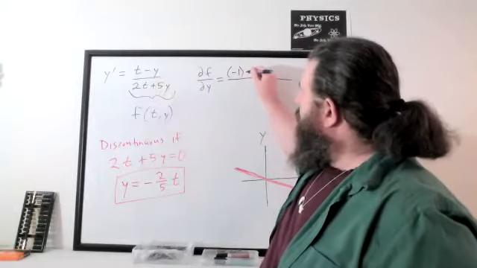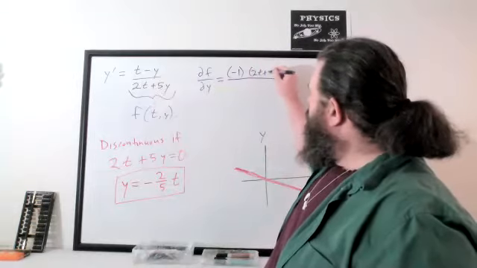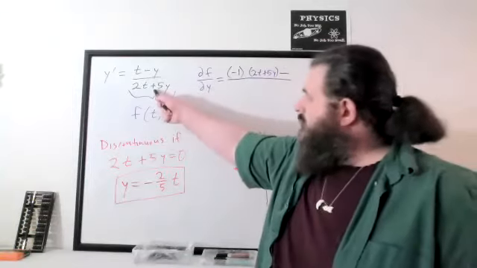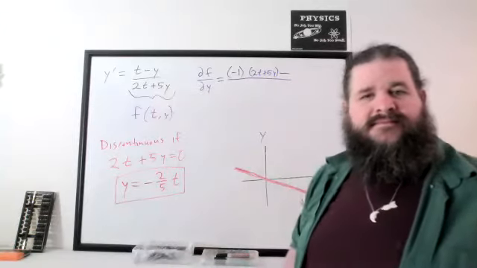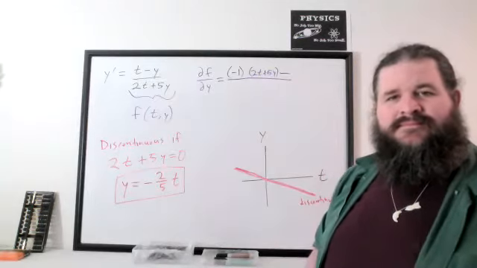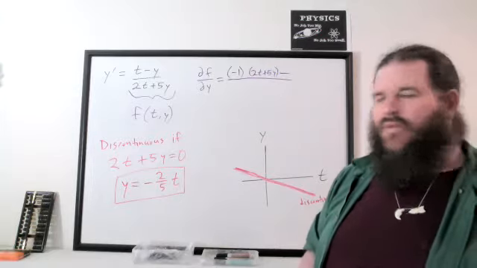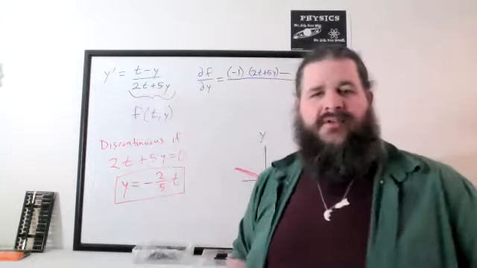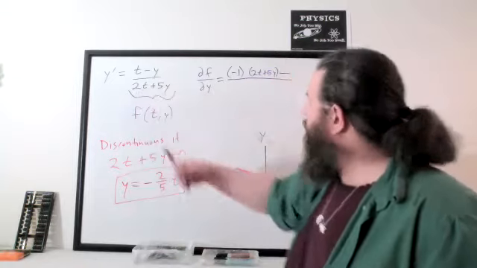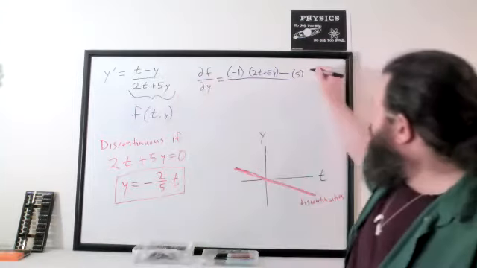So the derivative of the numerator times the denominator exactly as is, minus the derivative of the denominator, which would be what? What would be the derivative of this denominator with respect to y? Yeah, just 5. Again, we're treating t as a constant, so we just have 5y. The derivative of that is 5 times the numerator exactly as is.